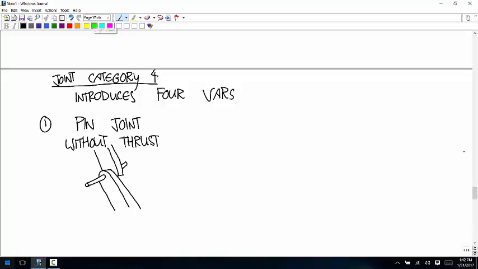And I'm going to choose the coordinate axes with the z-axis along the pin and the x-axis that way and the y-axis that way.